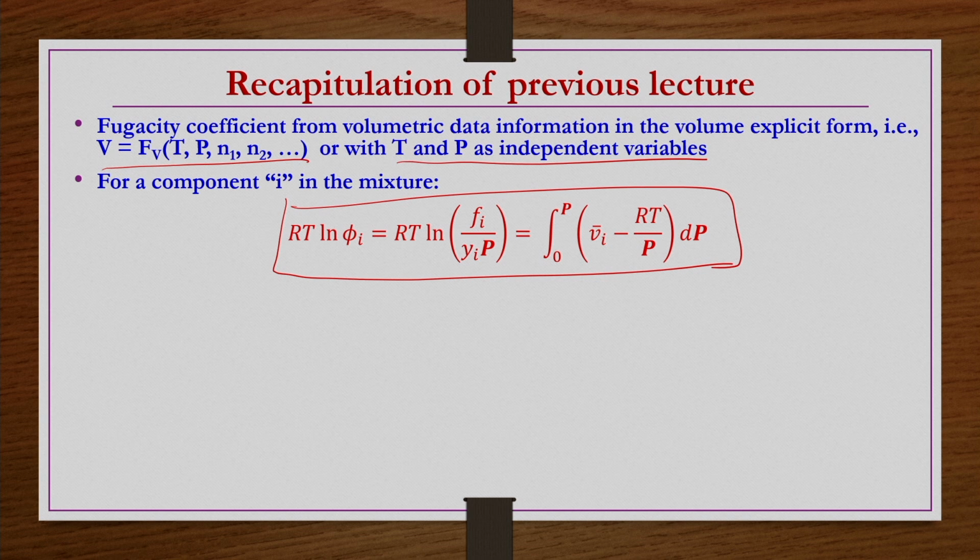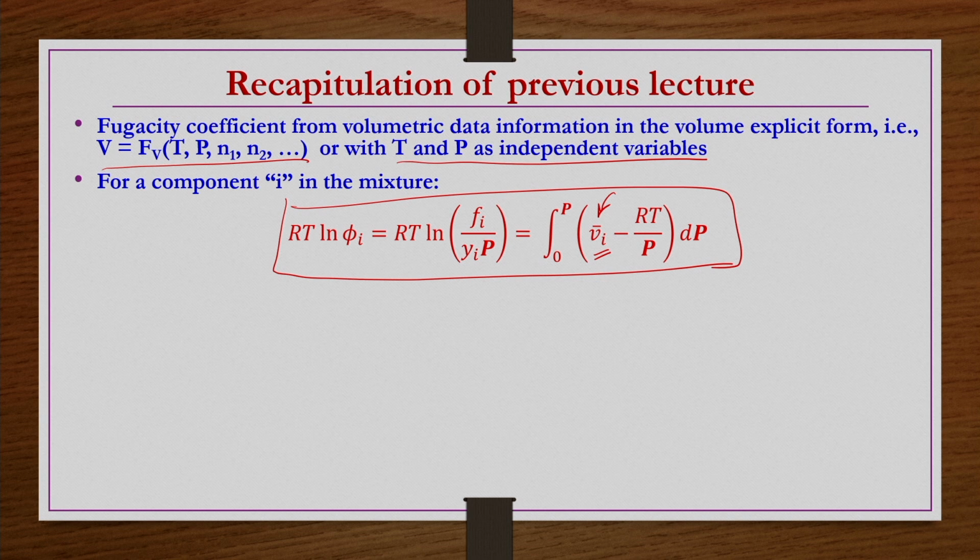Whatever volumetric data is available in volume explicit form, we obtain the partial molar volume of the ith component for which we want the fugacity, substitute here and simplify. Then we get the fugacity coefficient of that ith component in the mixture.